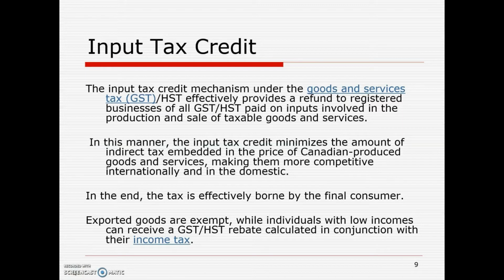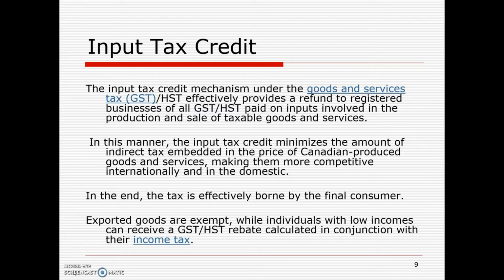So the thing to remember is that this tax, this value added tax called HST, which is comprised of GST and PST, is in effect borne by us, the final consumer. We have to pay the full 13% when we buy something, but companies end up paying nothing.